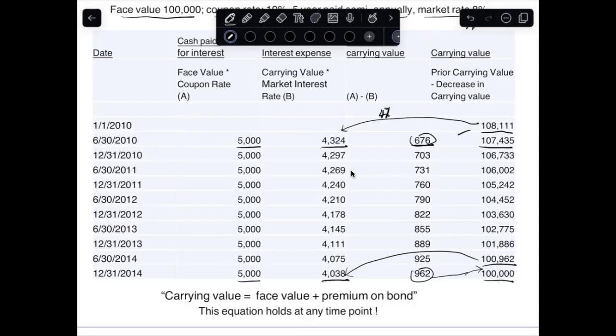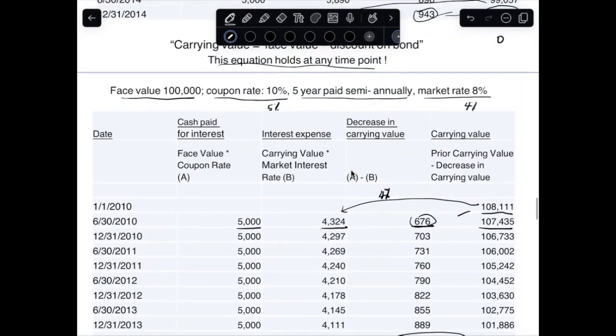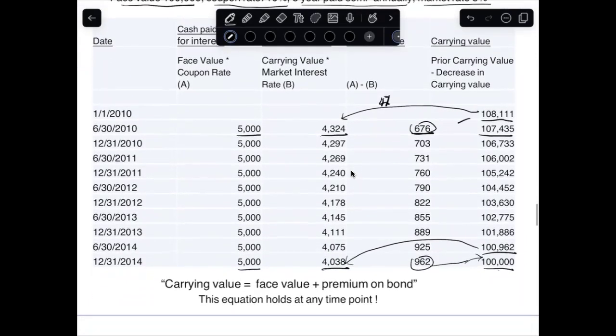So you can see when the bond is issued at a premium, the carrying value always equals the face value plus the premium on bond. And this equation always holds. So this group plus here plus this number equals this number.